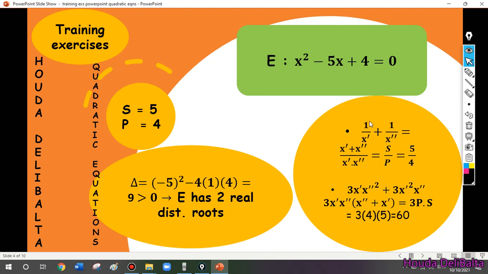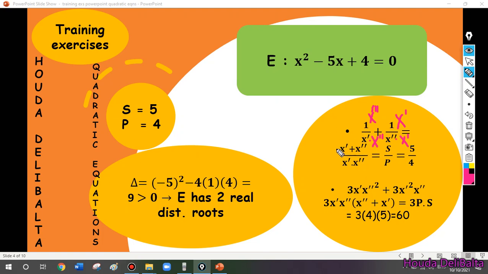For example, 1 over x prime plus 1 over x double prime will be, when I make the same denominator, that's surely what I should do. So here I have to multiply by x double prime up and down, and here I have to multiply by x prime also up and down. So I will get x double prime plus x prime, whatever, addition is commutative, over the product x prime dot x double prime.